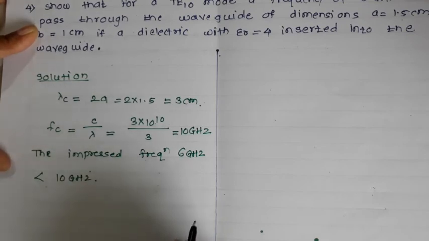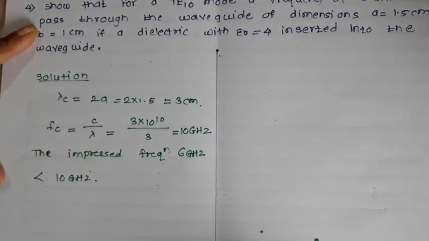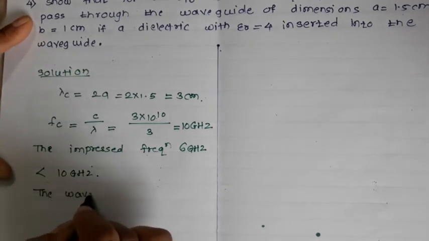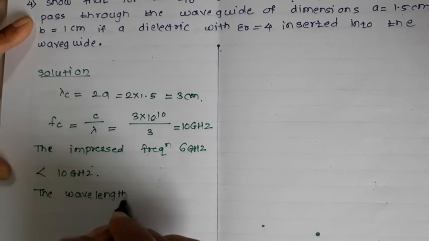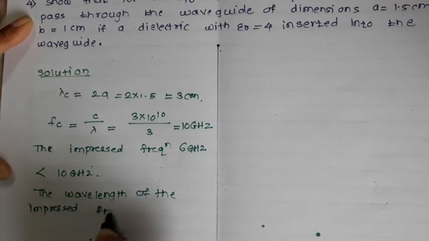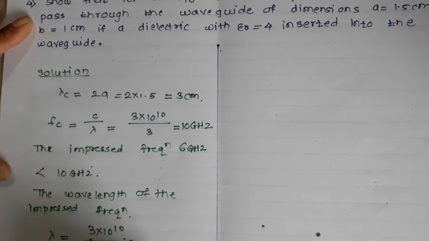So you can say that alternately the wavelength of the impressed frequency must be lambda equal to 3 into 10 raised to 10 divided by 6 into 10 raised to 9, which is equal to 5 centimeter.